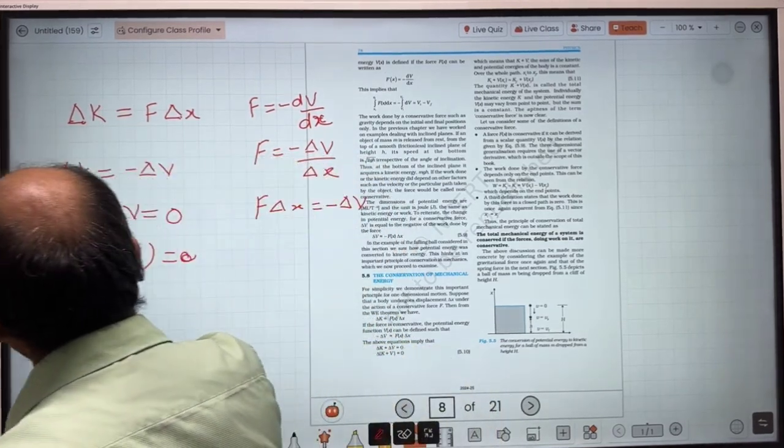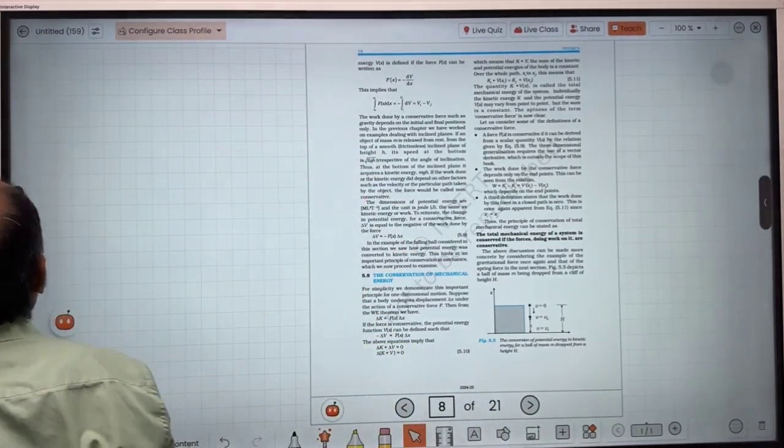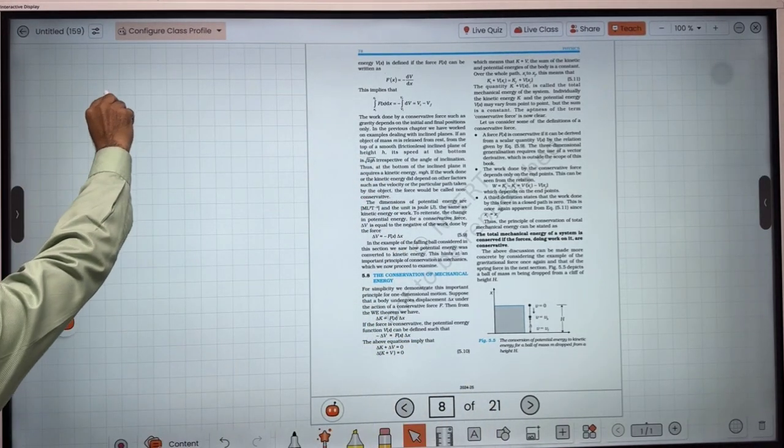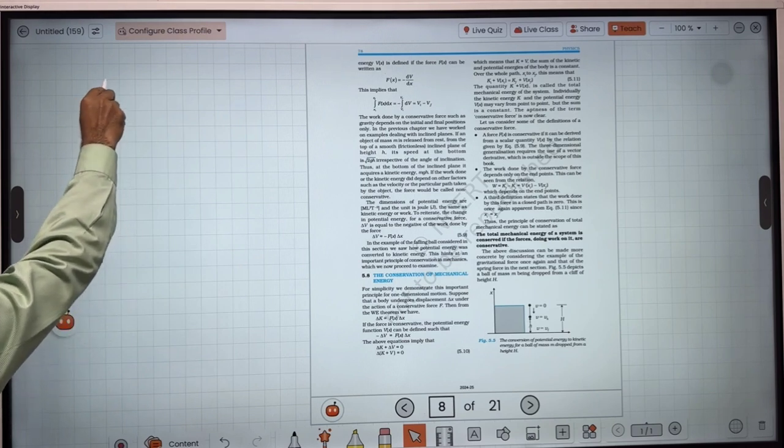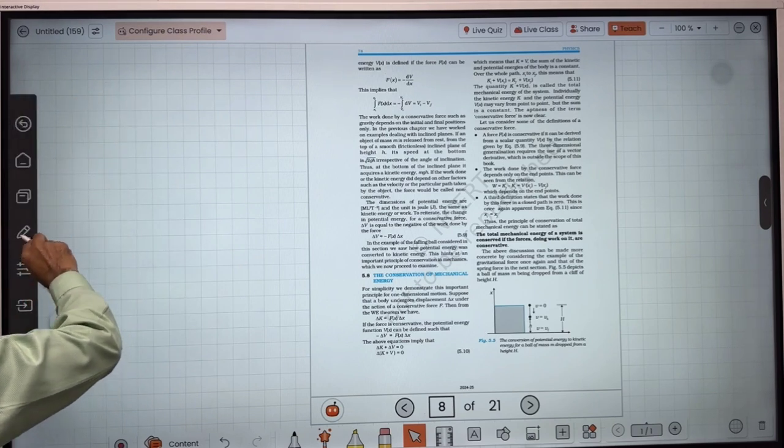This principle can be verified by taking an example of a falling object.